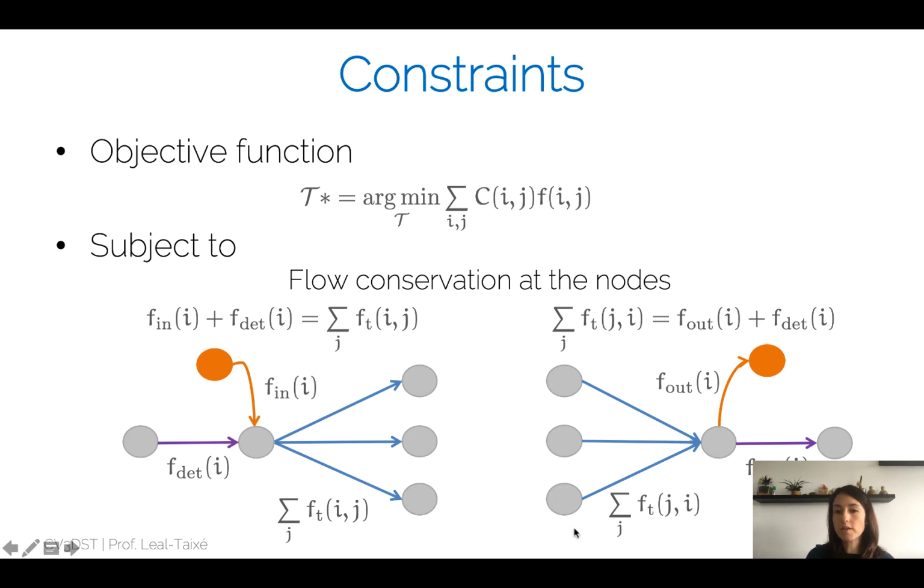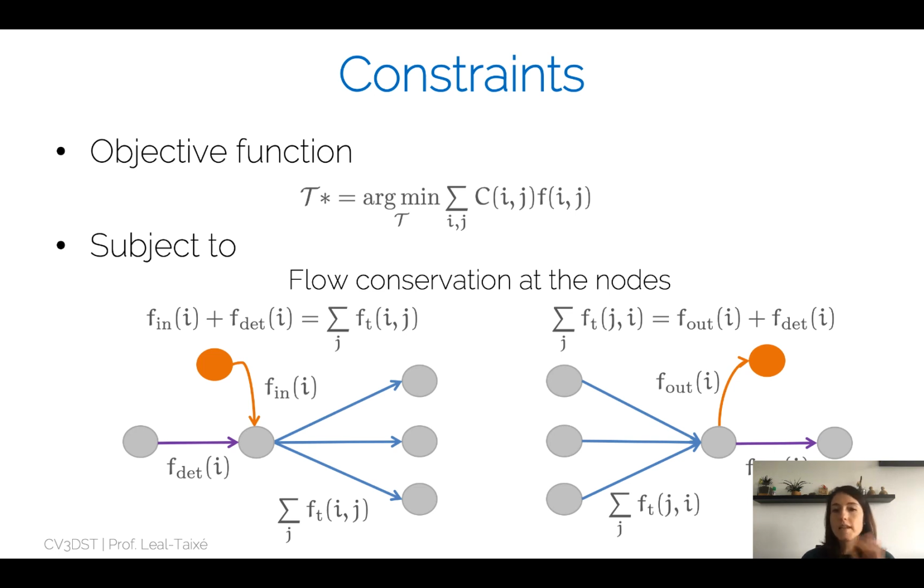So all the flow that comes in, the sum of this flow needs to be the sum of the flow that goes out of the node. And these are essentially the first set of constraints that we're going to use for our linear program.